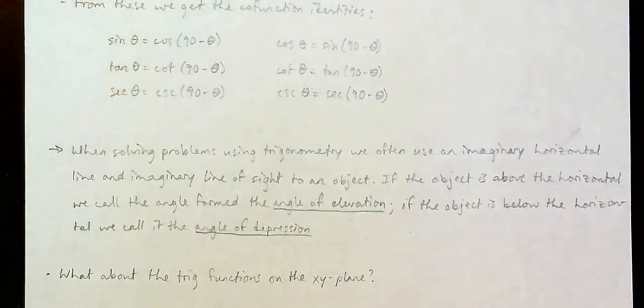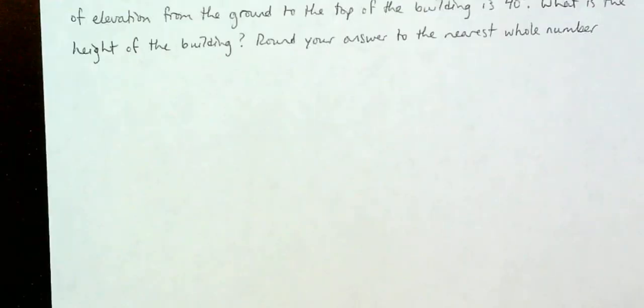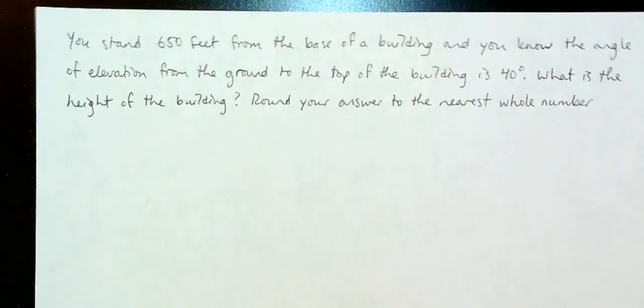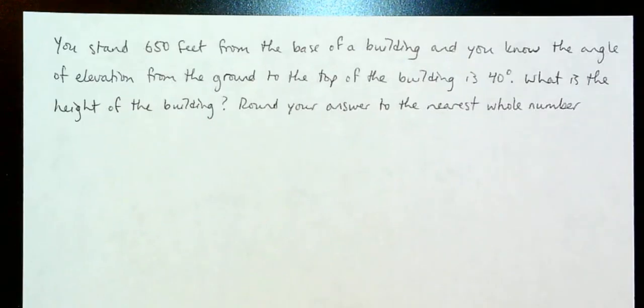So here are a couple of real world situations where we can use trig to solve these. First one up, suppose you're standing 650 feet from the base of a building and you know the angle of elevation from the ground to the top of the building is going to be 40 degrees.